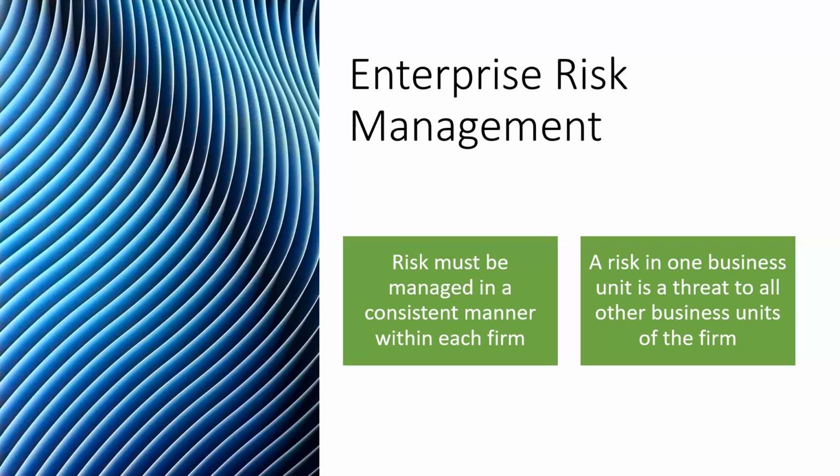A risk to the payroll system, for example, will affect every single department and every employee in the event the risk were to materialize. So we just need to remember that when we're managing risk within our organizations, we shouldn't look at a risk in isolation.